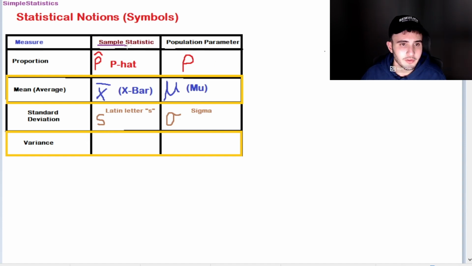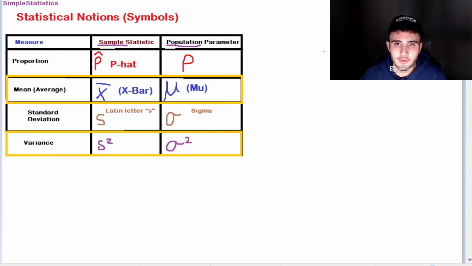For variance, sample variance is denoted as S squared. And we'll dive into a different video on standard deviation and variance and how they kind of work together. But variance is standard deviation squared. So it would make sense for, in the population parameter, once again, for variance to be sigma squared.